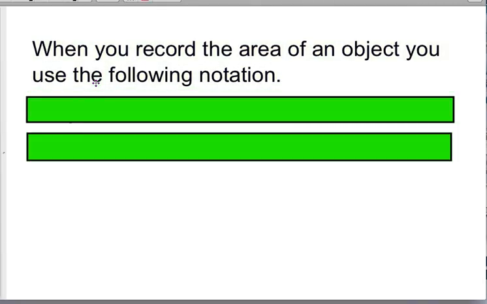All right, so when you record the area of an object, this is another important piece of information. When you record the area of an object, use the following notation, okay?